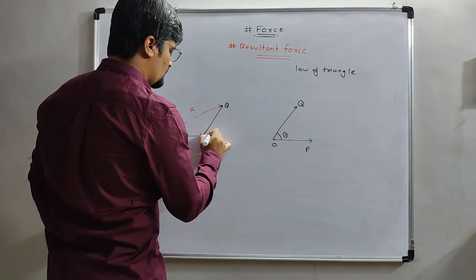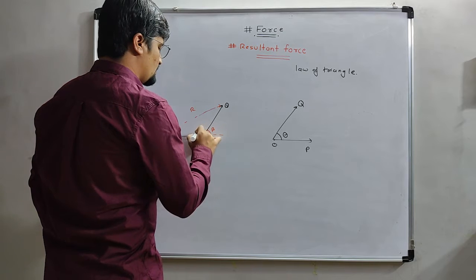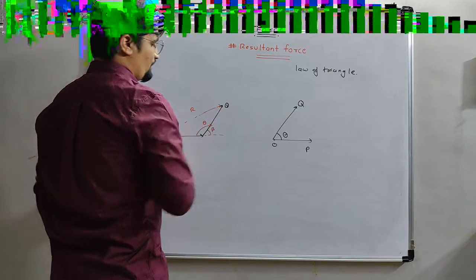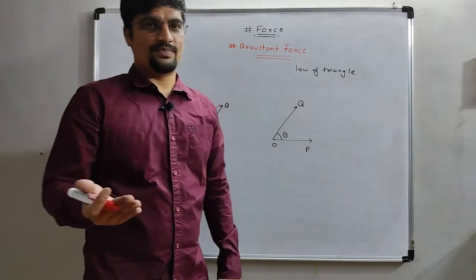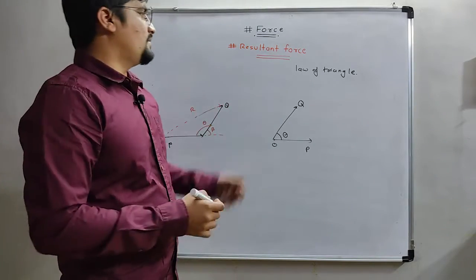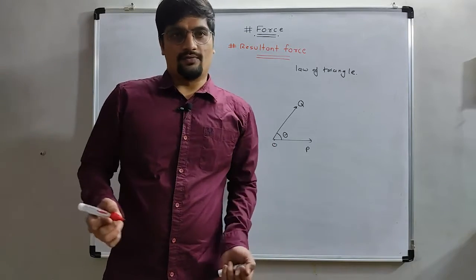Okay, this is beta and this is theta. The equation is the same as the law of parallelogram. Okay, now these two forces we have understood to find the resultant force.